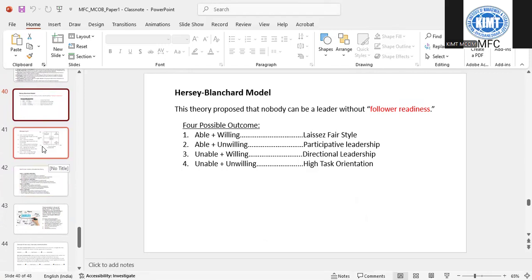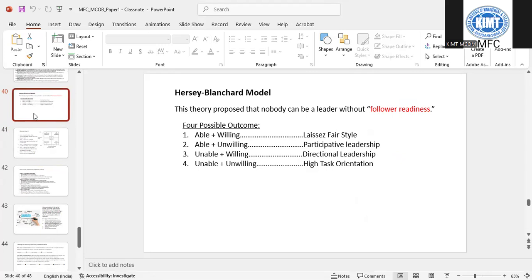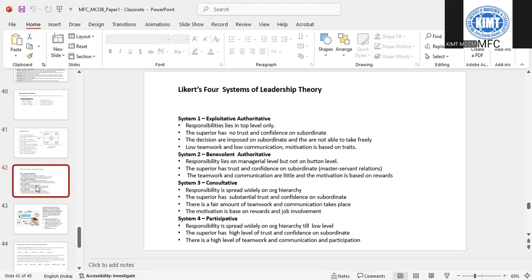We discussed all these things. Grid model, RC Blanchard model, Likert four systems model. We studied all these things.